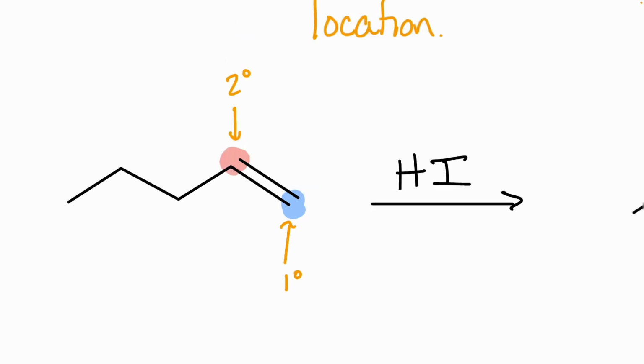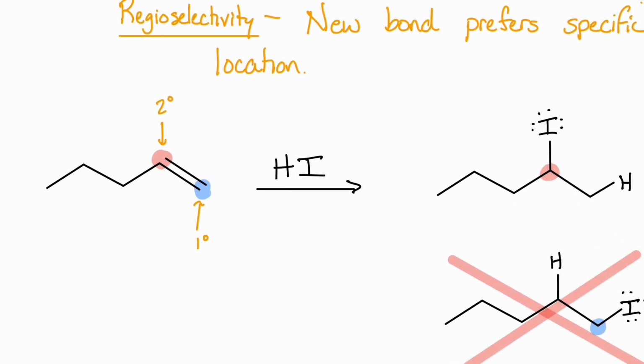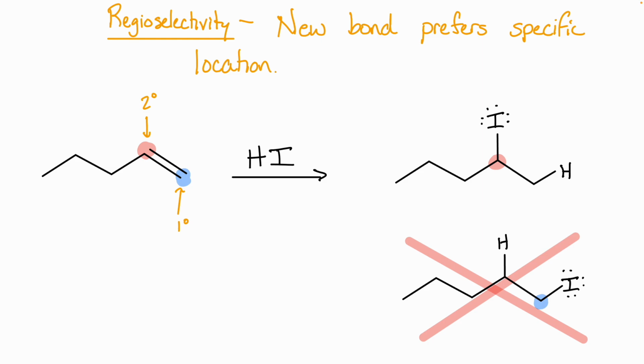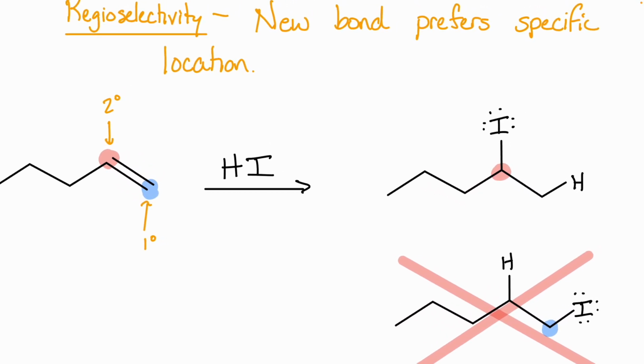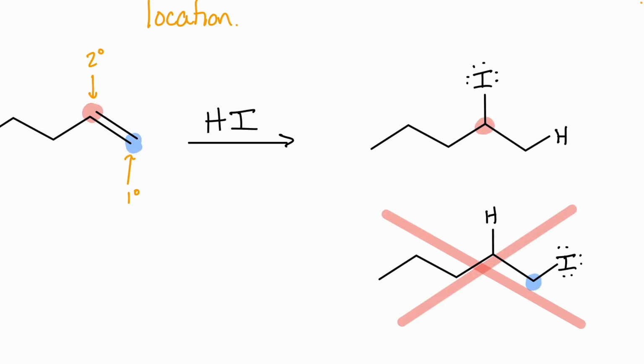And this particular reaction has what's called regioselectivity, where that halogen is going to prefer a specific location in this molecule. Does it want to be on the more or the less substituted carbon? Based on what I told you about what our product is, the more substituted carbon, all right? So the halogens will prefer to go on whatever the more substituted carbon is. Truthfully, you will get a mixture of both of these products, but it's like 95-5, right?